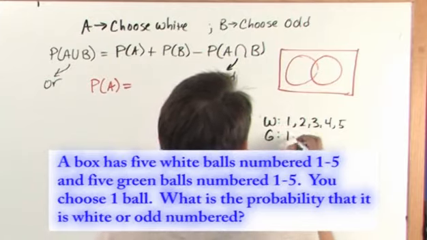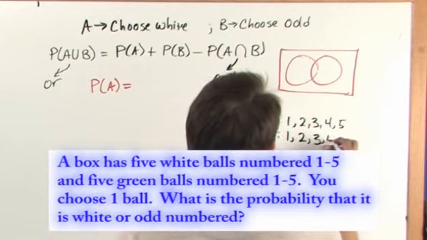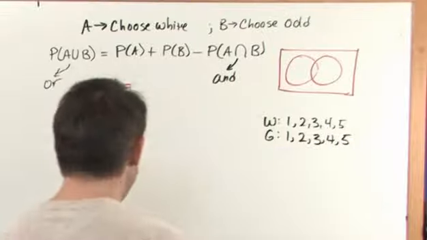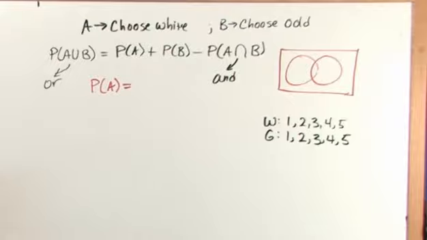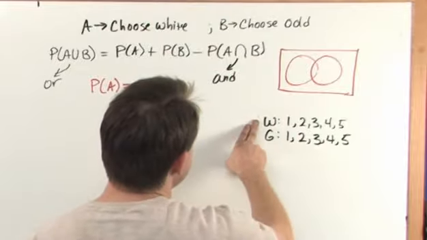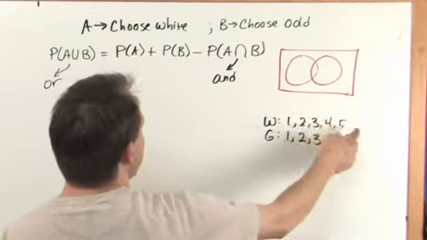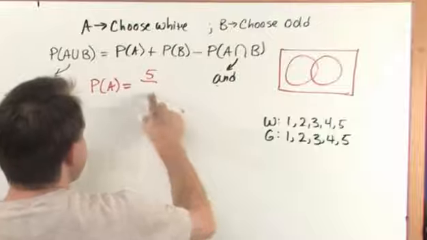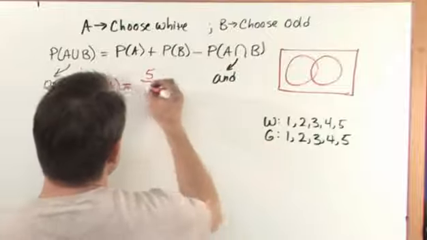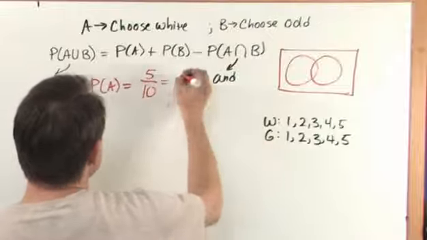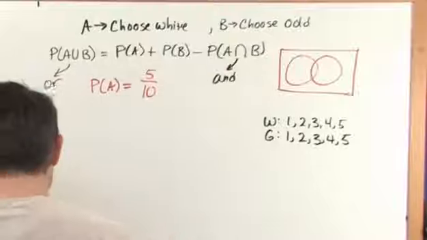We also have green balls 1, 2, 3, 4, and 5. So what's the probability of choosing a white ball? How many ways can we choose a white ball? There are 5 white balls divided by the total number of choices in the experiment. There's 10 balls total. So I'm just going to leave it like that, 5/10.